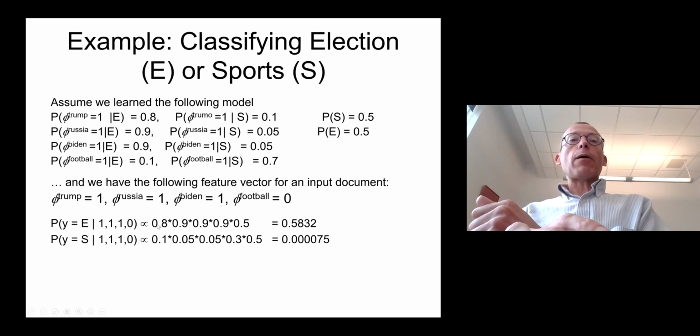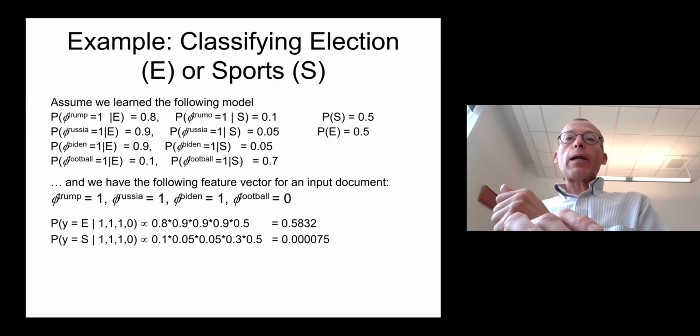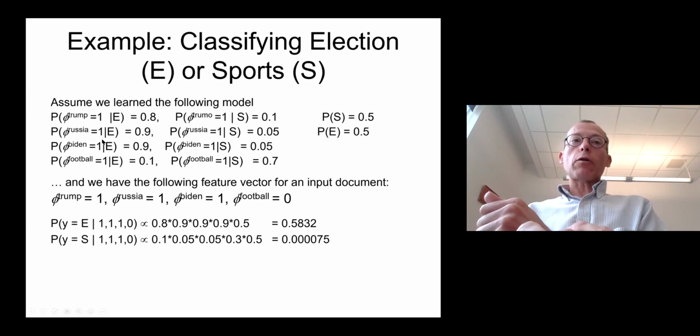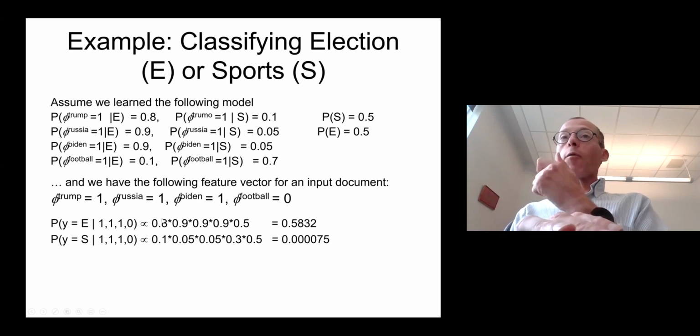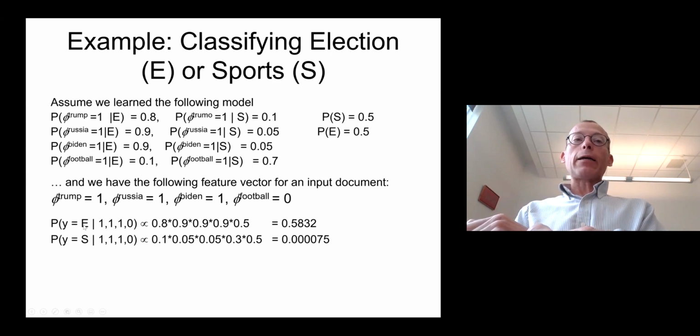So this one is for Trump, Biden, Russia, and the fact that, so 0.9 here means that's the probability of 0 conditioned on election, right? The probability of 1 is 0.1 and the probability of 0 is 0.9. So this is the numerator for P of Y equals E, conditioned on what we saw.